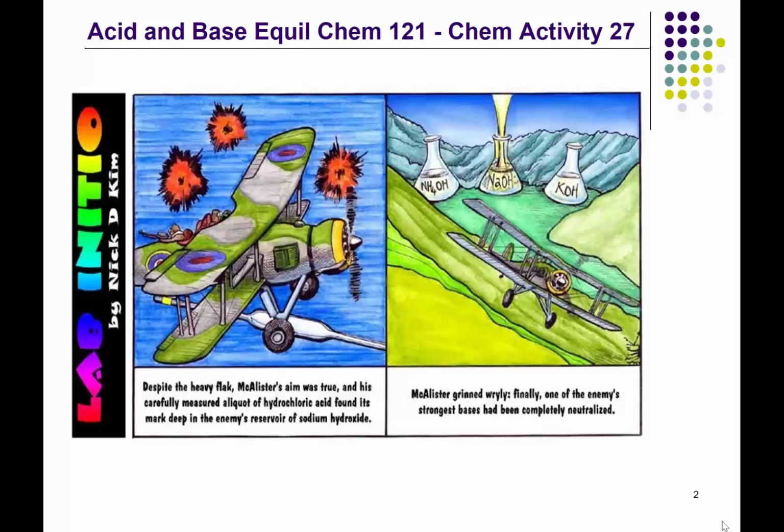But the important question to ask here is: is the pH at the equivalence point of the titration always neutral? That is, is it always such that the hydronium ion concentration equals the hydroxide ion concentration at 25 degrees Celsius? And of course that would be a pH equal to 7. And the answer to this question is no.